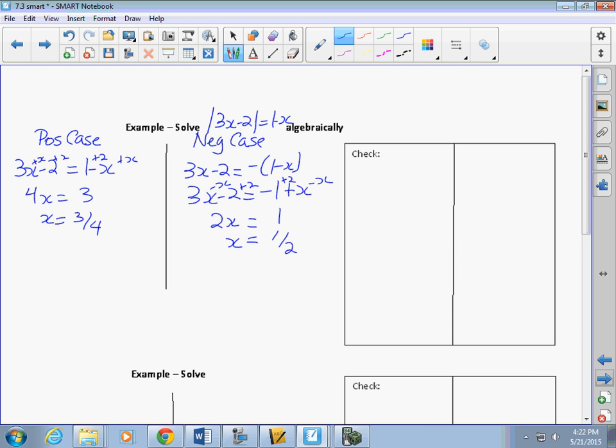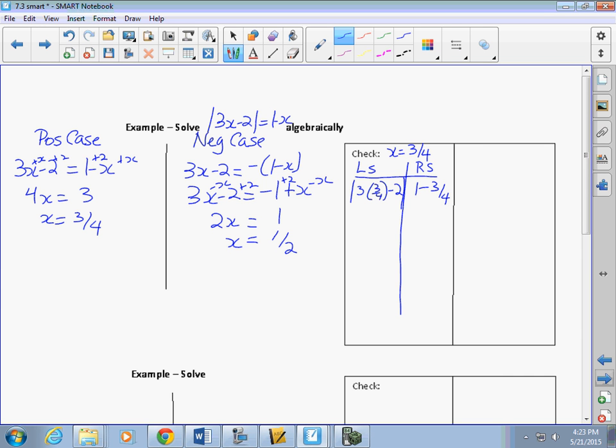And then you do your checks. So if x is equal to 3/4, do my left side, right side. So absolute value of 3 times 3/4 minus 2 is equal to 1 minus 3/4.